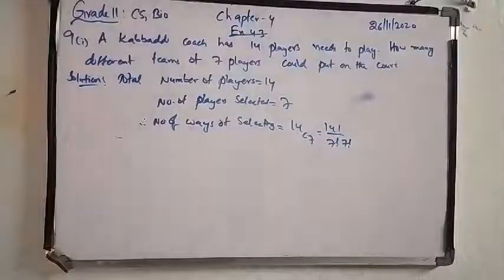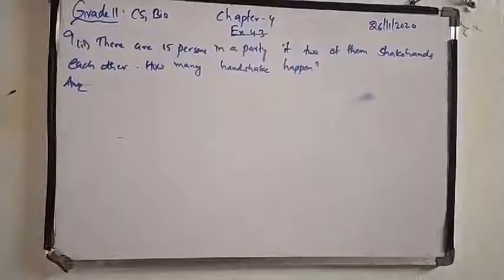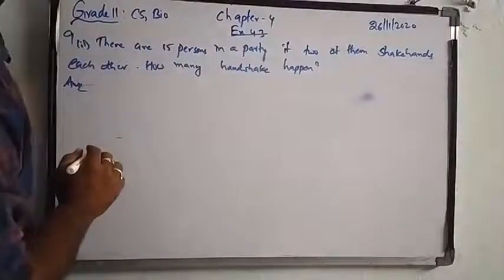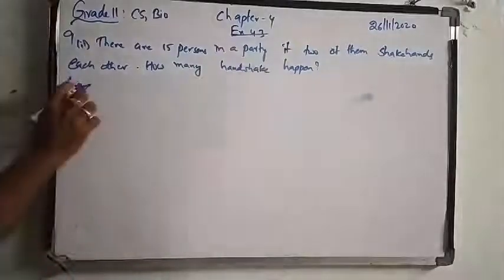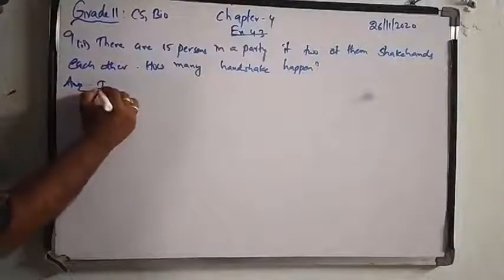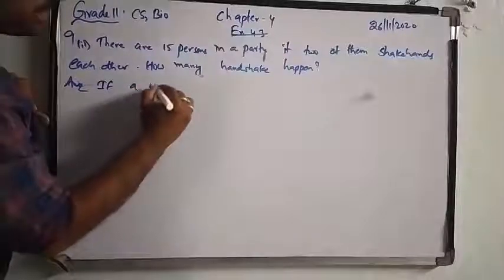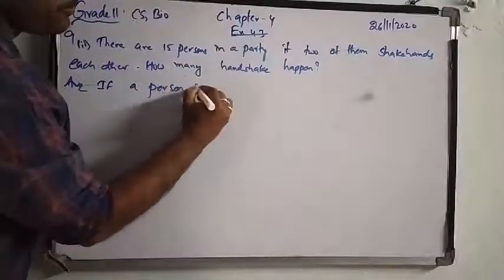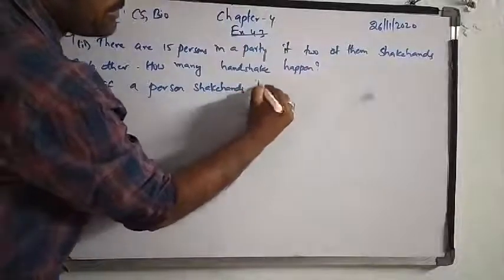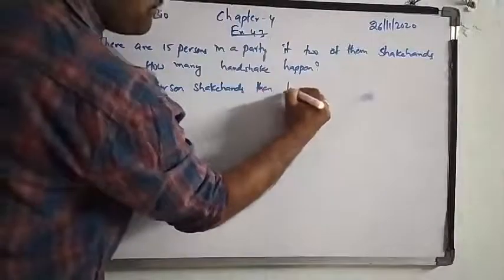Okay, next question. There are 15 persons in a party. If two of them shake hands with each other, how many handshakes will happen? So if a person shakes hands, then two hands will be together.